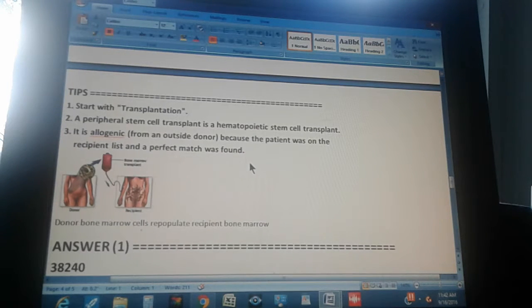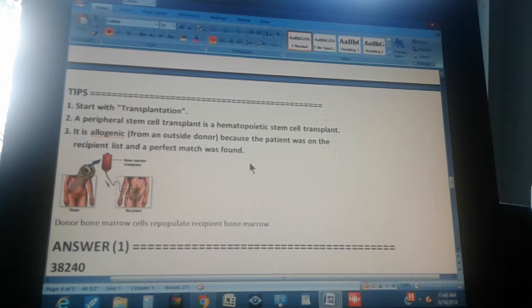Because the patient was on the recipient list, a list of people waiting for donors. And a perfect match was found, which means an outside person, allogenic. That's where he got the bone marrow transplant.